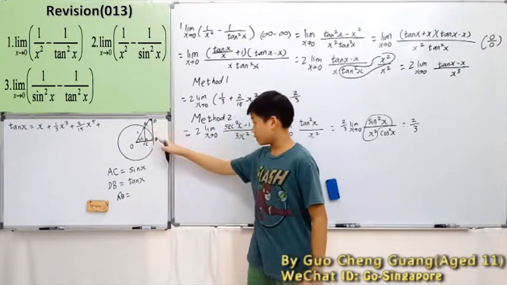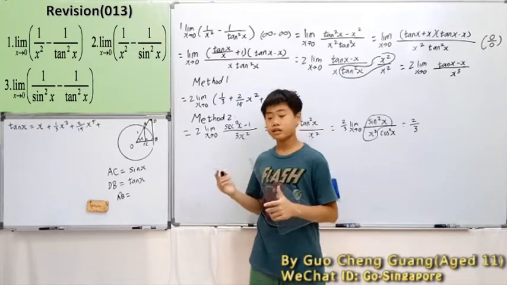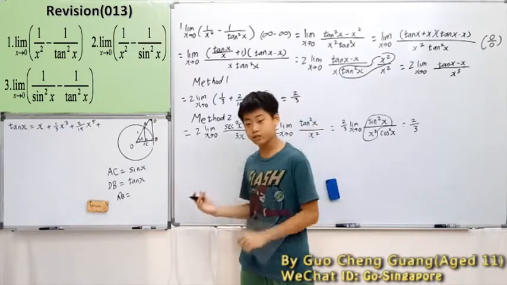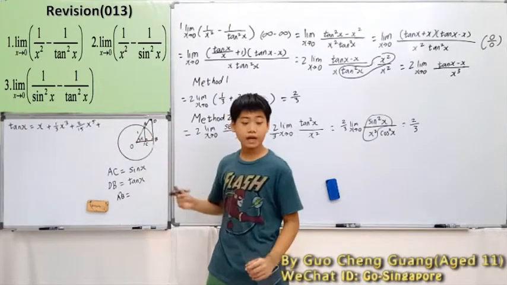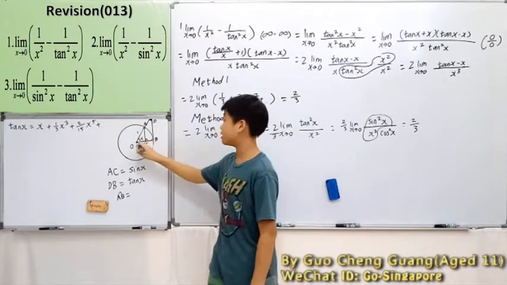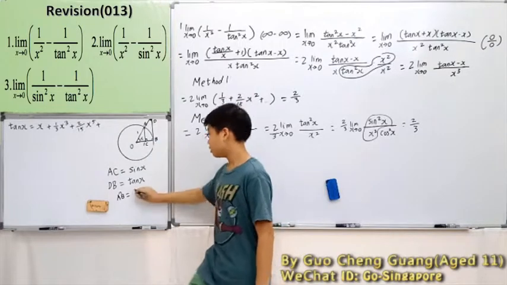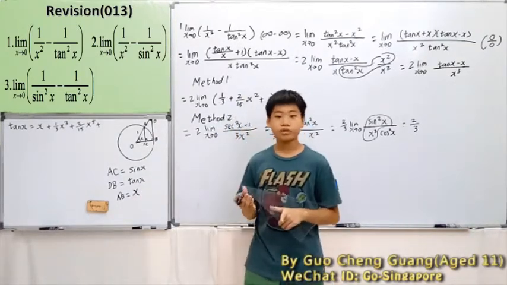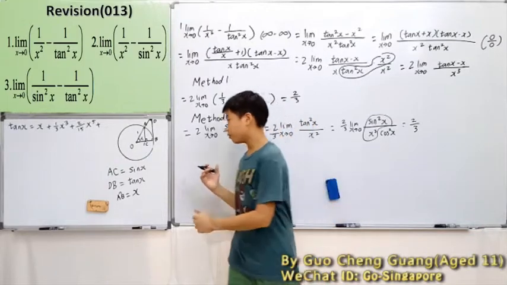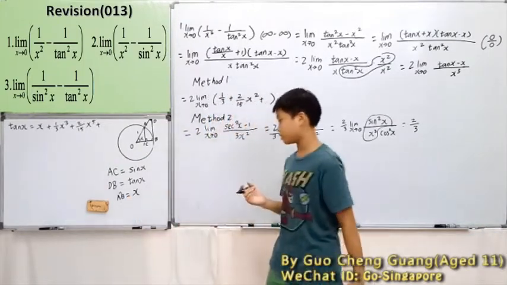For this arc AB, this has to be in radian. So that means it will just be this angle times its side or its radius. So it's just an x. Well, at last, I'll tell you why I want to write this out.